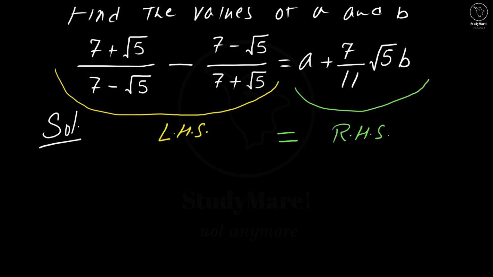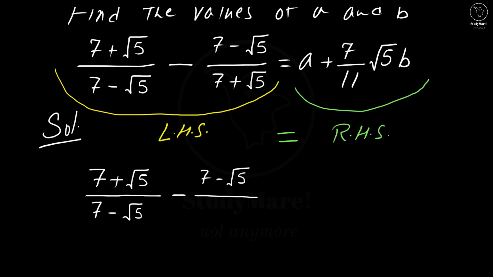So we have (7 plus root 5) divided by (7 minus root 5), minus (7 minus root 5) divided by (7 plus root 5), is equal to a plus (7 by 11) root 5 into b.